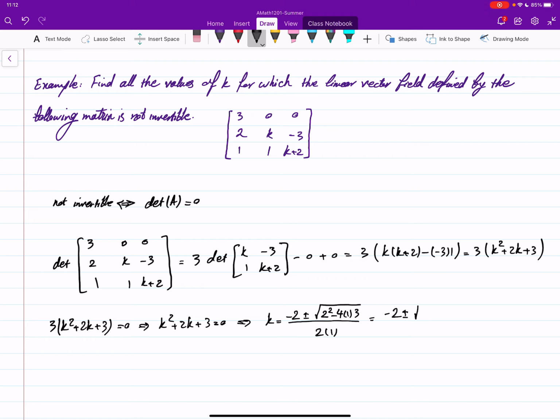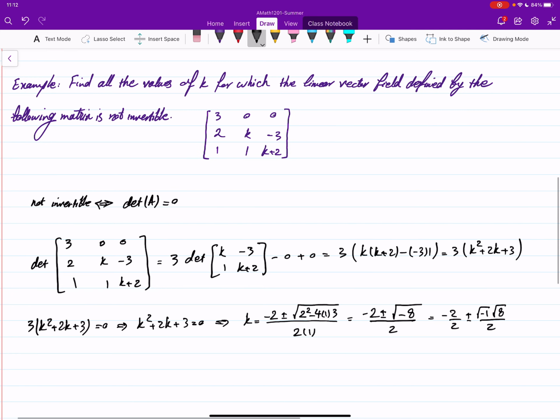That means that you can write this as negative 8 there, and that would be negative 2 over 2 plus minus root negative 1 times root 8 divided by 2. And you see that this is negative 1 plus or minus.